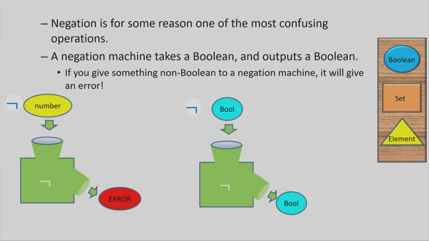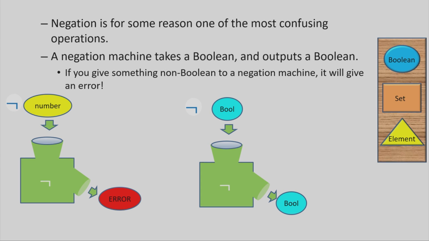For example, you cannot give not followed by a number or an element to an evaluation machine. It will say, oh, error, I don't know how to negate a number. I don't know how to negate a person. I only know how to negate Boolean. Error. Instead, what you want to give to the machine is a not of some Boolean value.